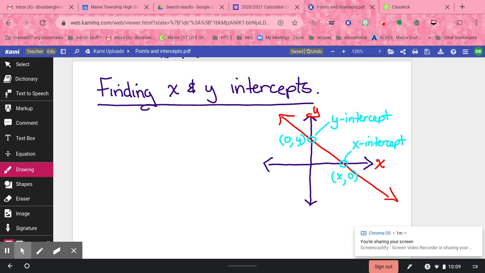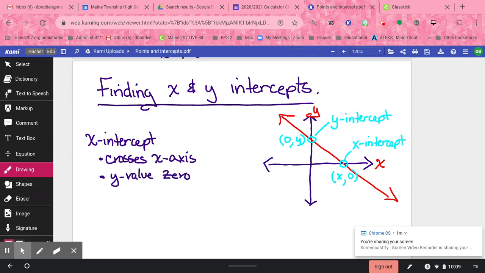So to summarize, the x-intercept crosses the x-axis. The y value is always going to be 0. So the ordered pair is going to have a y value of 0.